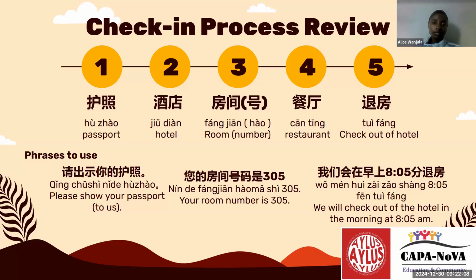Yeah. 房间 is room, and if you add 号, 房间号, it becomes room number. 房间号. And then again, 餐厅 restaurant. 餐厅. And then 退房 is to check out of the hotel. 退房.